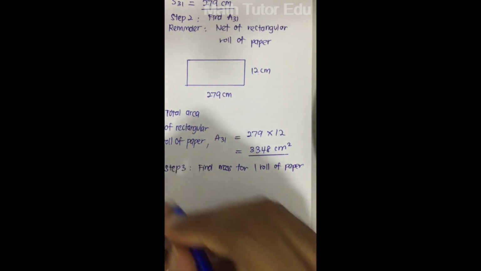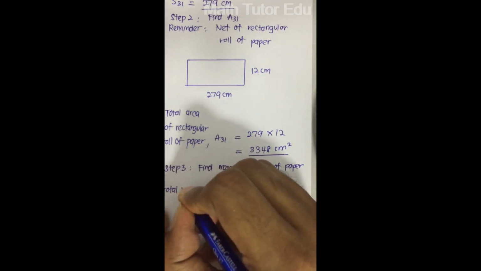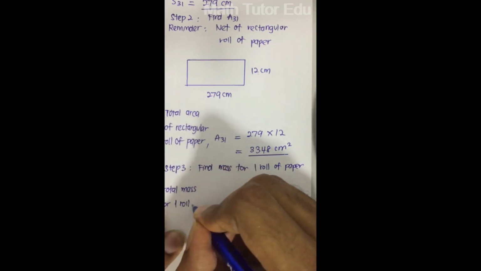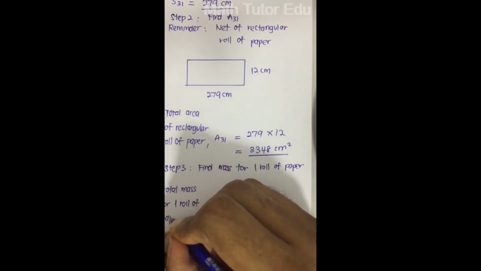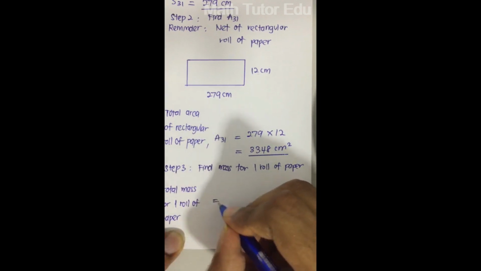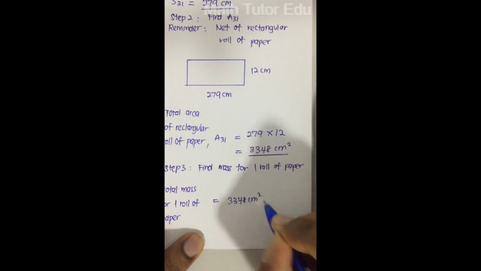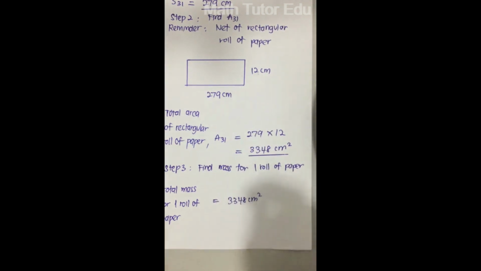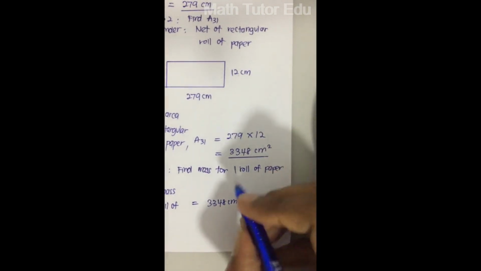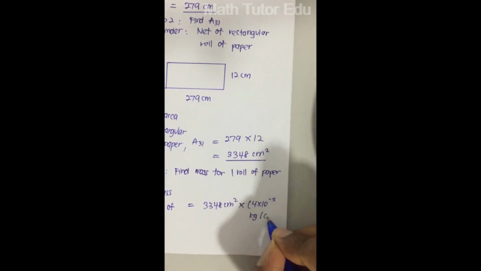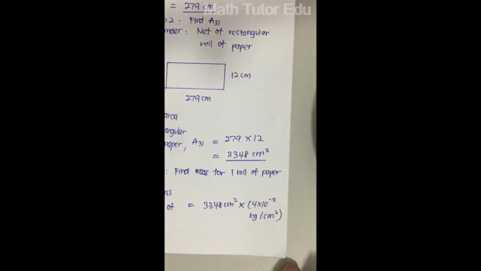So from here, the total mass for one roll of paper is equal to 3348 centimeter square, this is the total area of the rectangular roll of paper, guys, times 4 times 10 to the power of negative 5 kg per centimeter square.